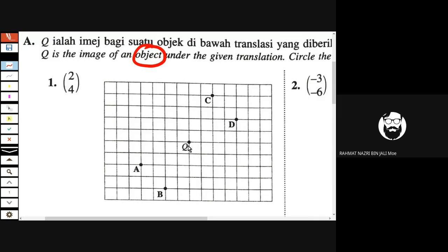Now we need to find the object under the given translation. Okay, Q is the image under the translation, and we are looking for the object now.